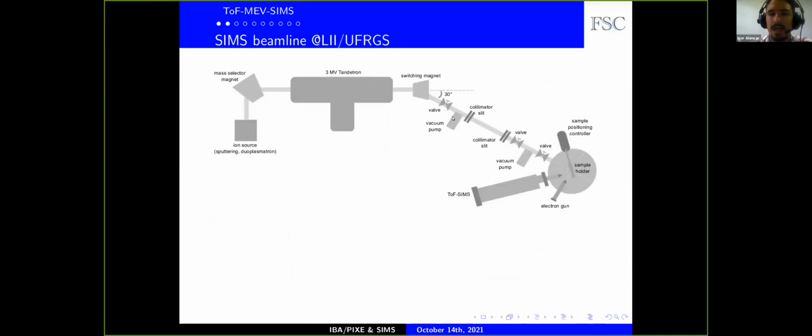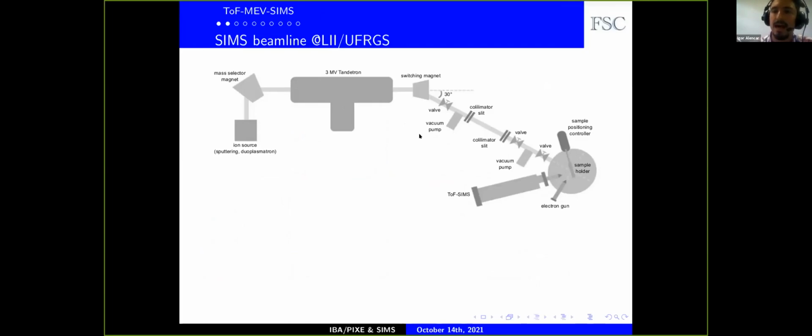The SIMS beam line is 30 degrees from the switching magnets. This makes the energy loss, the maximum energy loss that we can achieve in a relatively medium mass, because low mass ions won't accelerate too much, so the energy deposition will be low.